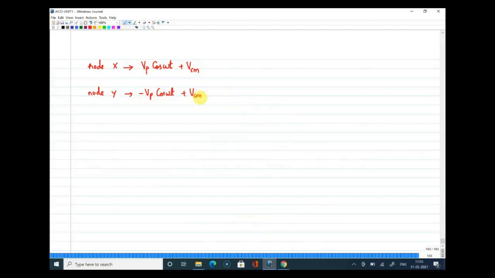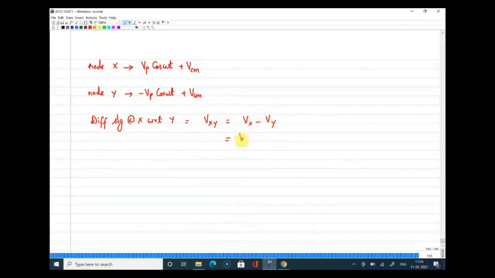Now, when you measure the differential signal at x with respect to y, how will I measure? I'll measure Vxy as Vx minus Vy. Vxy is measured at x with respect to y, so I can call it Vxy. And Vxy is Vx minus Vy.